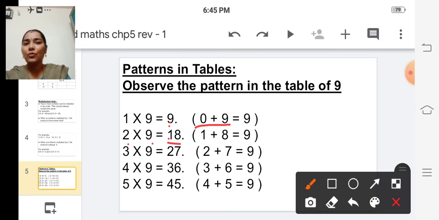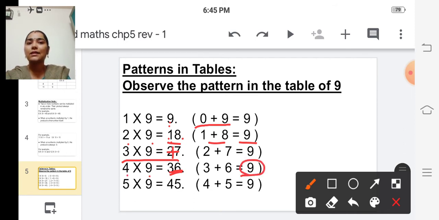So here 1 plus 8 is 9. The next one is 3 9s are 27. So 2 plus 7 is 9. So if we add the digits in the product, then we'll get the answer as 9.